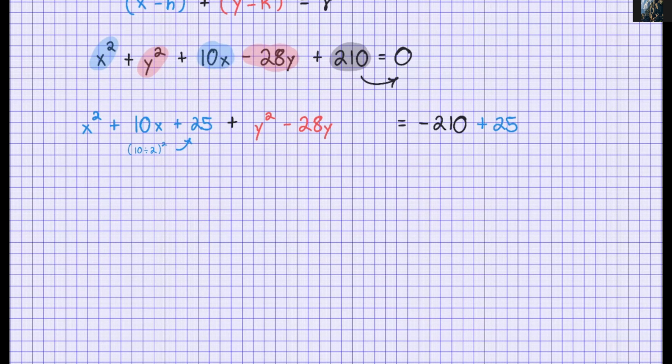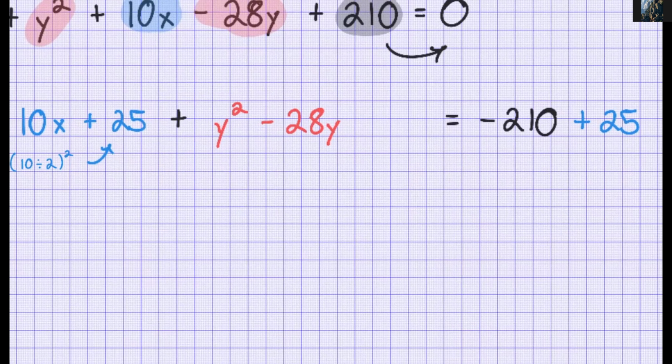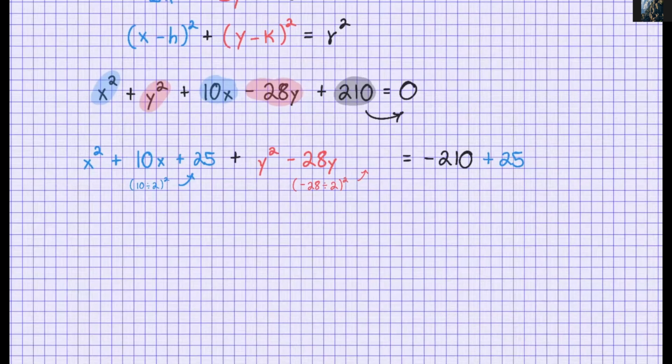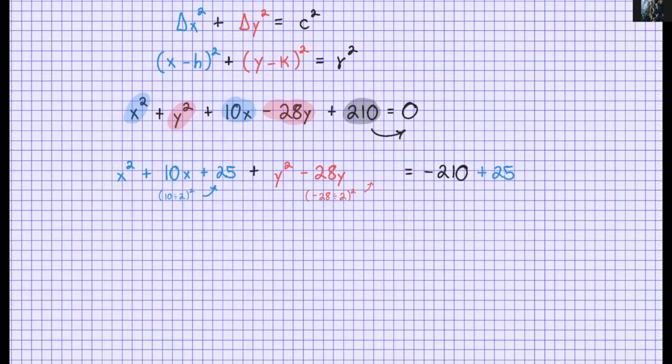Now I'm going to repeat the process for the vertical coordinates. So negative 28 divided by 2 and squared. In this case, negative 28 divided by 2 is negative 14, and 14 squared is 196. What I do on one side, I do on the other.